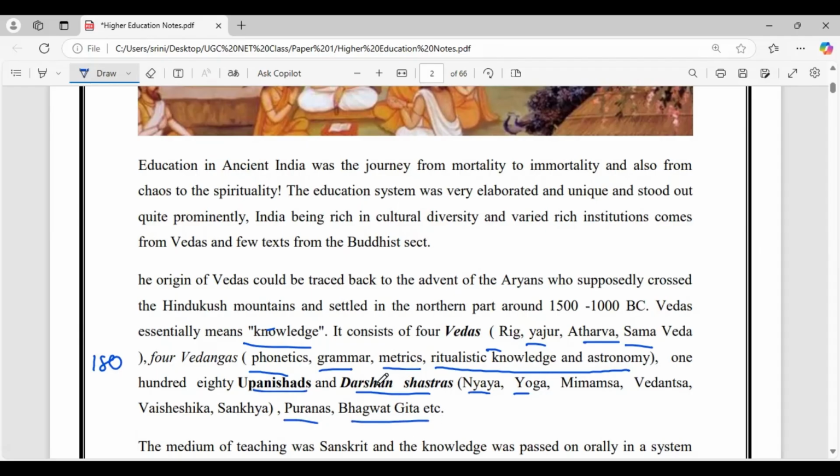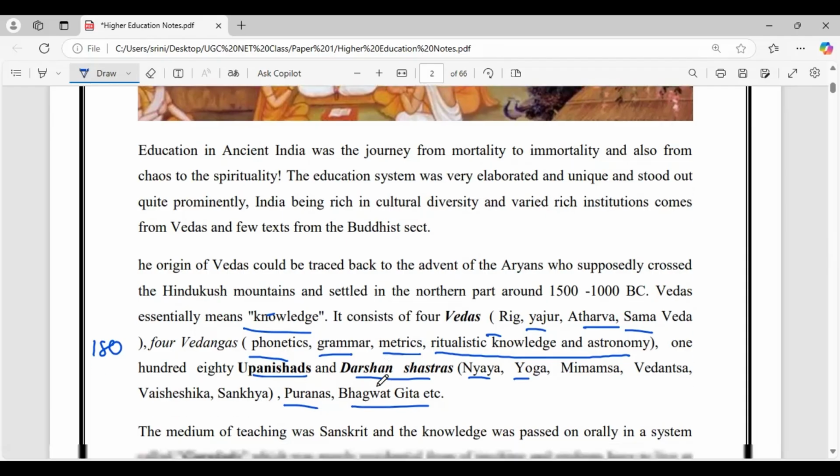These are our knowledge from the ancient books of knowledge: Vedas, Vedangas, Upanishads, and Dharma Shastras, then the Bhagavad Gita.